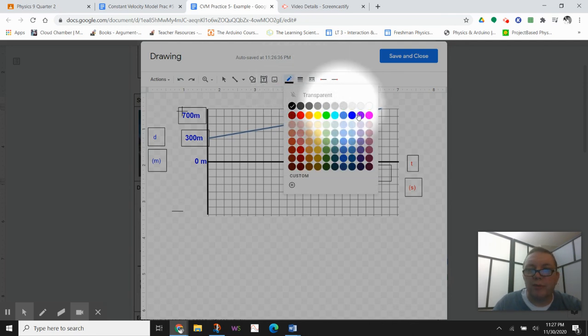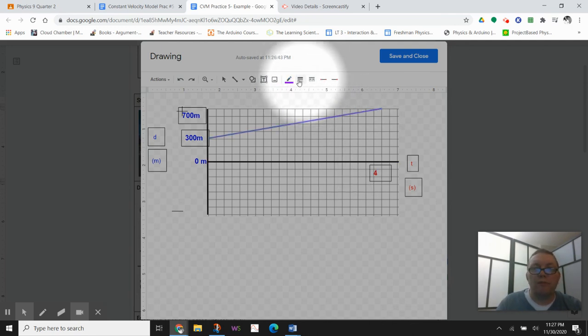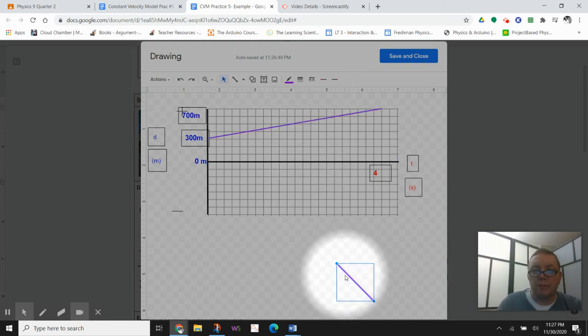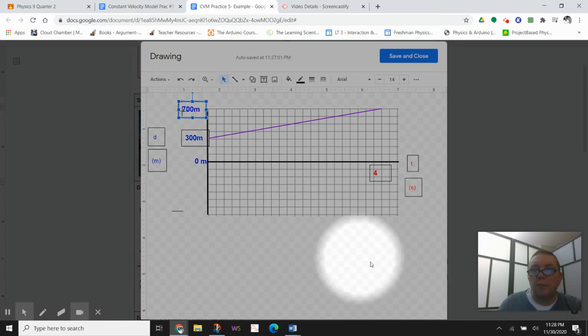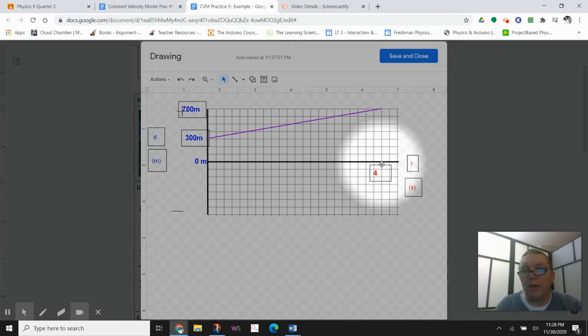My personal preference is to make these lines a little bit more visible, for myself and also for you guys, so you can see. Dang it, I always do that, add an unnecessary line. So 300 meters to 700 meters. I should make sure that it looks like it's on the 700, and that this looks like it's right on the 4.